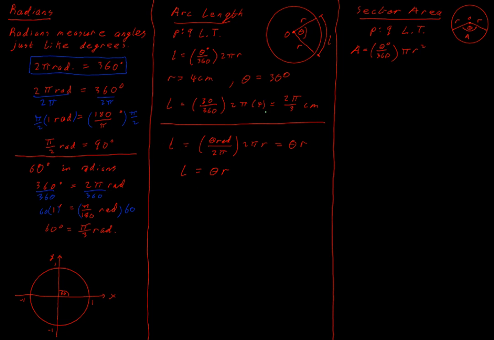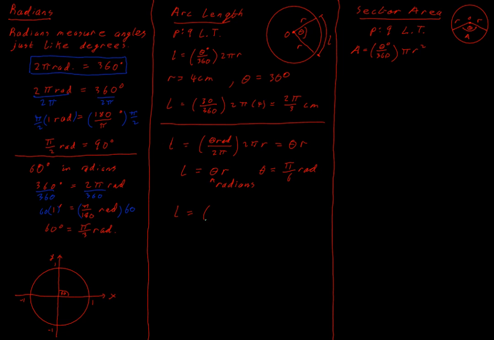So to convert our angle of 30 degrees into radians, you will find that 30 degrees is equal to pi all over 6 radians. So if theta is in radians, I'm able to use this much nicer formula, which again is on page 9 in your tables. And we sub in, and we should find we get exactly the same answer.